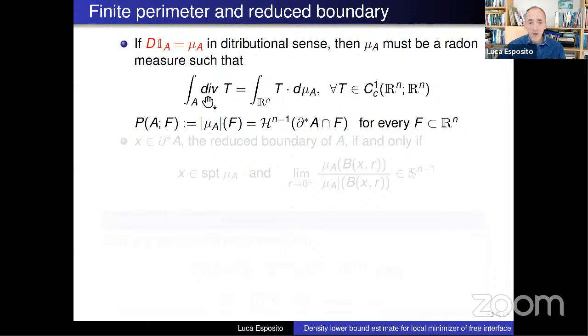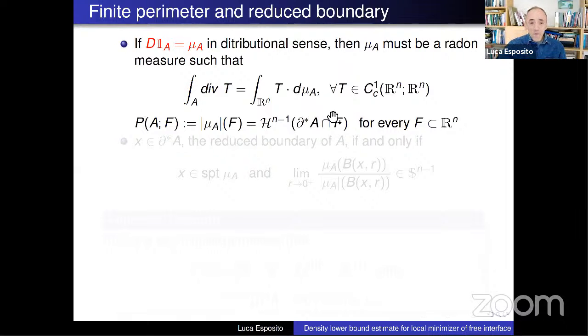And this Radon measure must satisfy the divergence theorem. So if you integrate over A the divergence of some field T, this is equal to the integral over R^n of the scalar product of T with the measure mu_A.